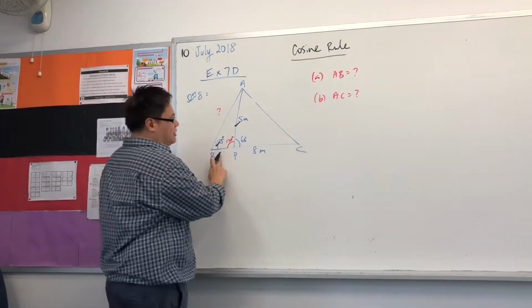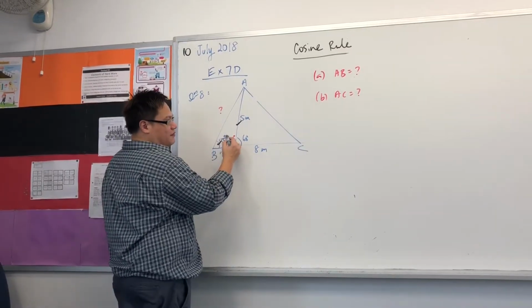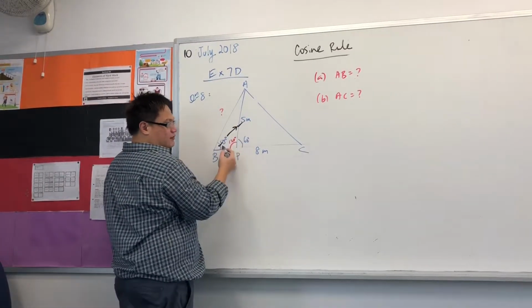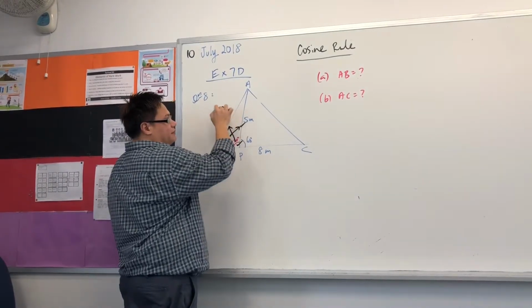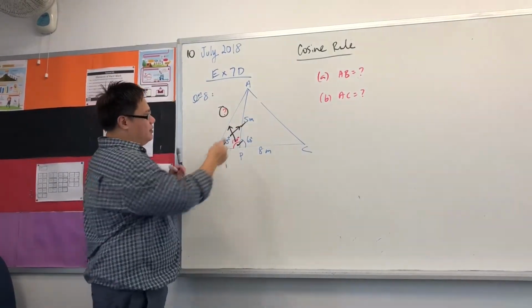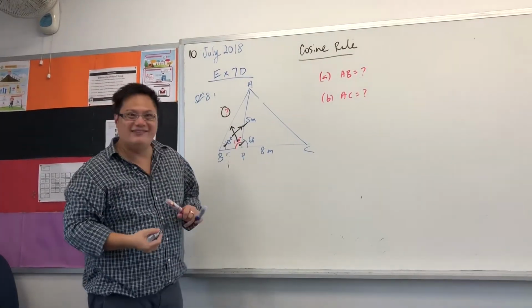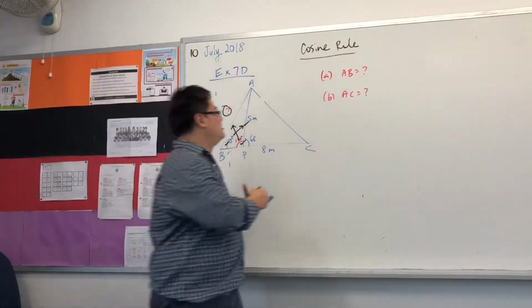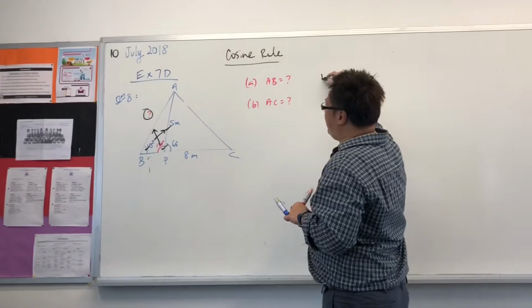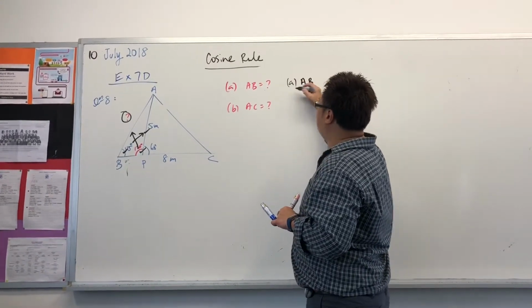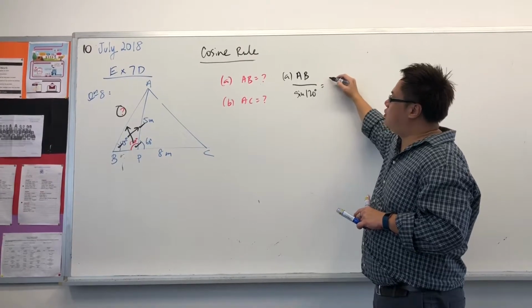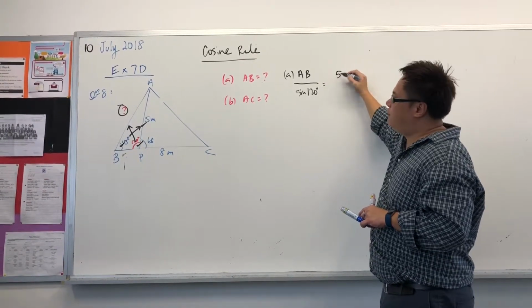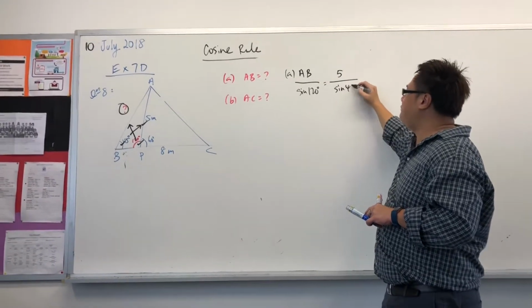Let's take a look at sine rule. Sine 45, look opposite. Do you have it? Opposite, you have one bubble. Can you see? So over here, this one is your sine rule. So AB over sine 120 degrees equals to 5 over sine 45.